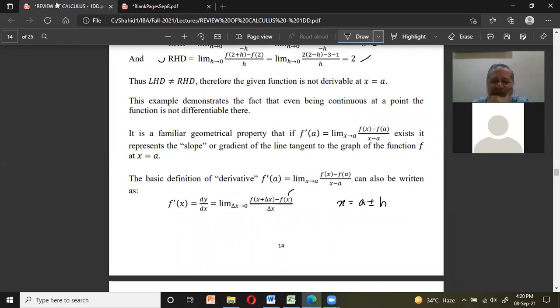When you consider the derivative at an arbitrary point, somewhere here, then we use a different process, that we use either x plus delta x or x minus delta x.